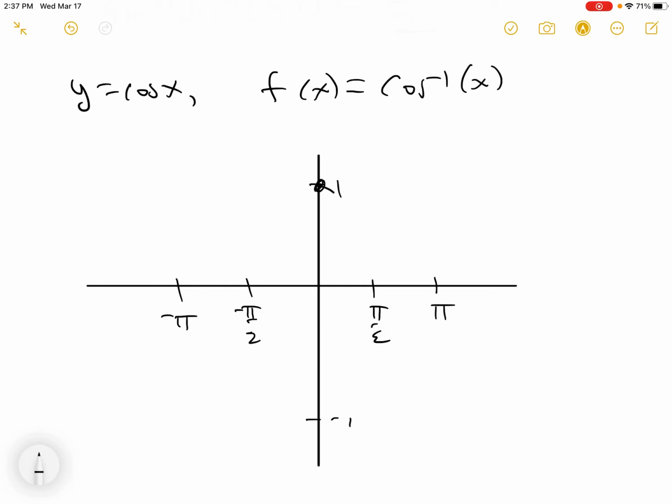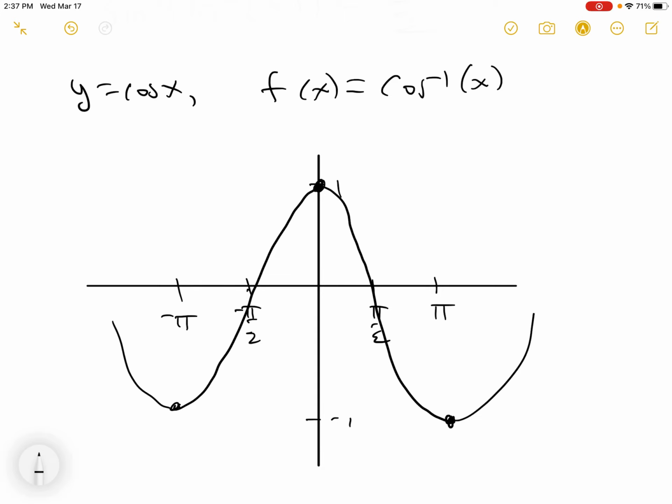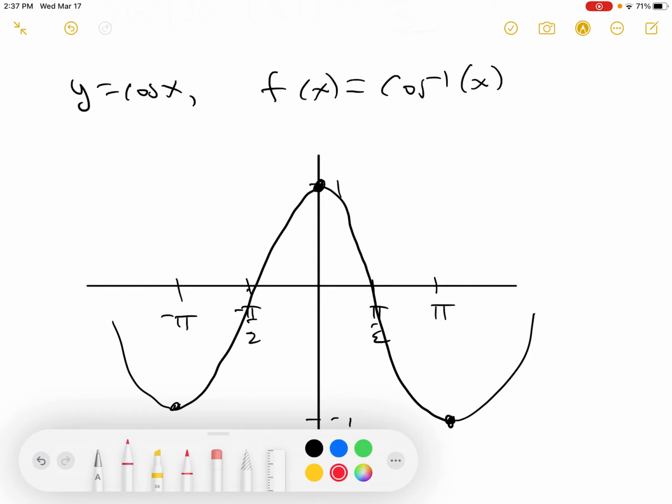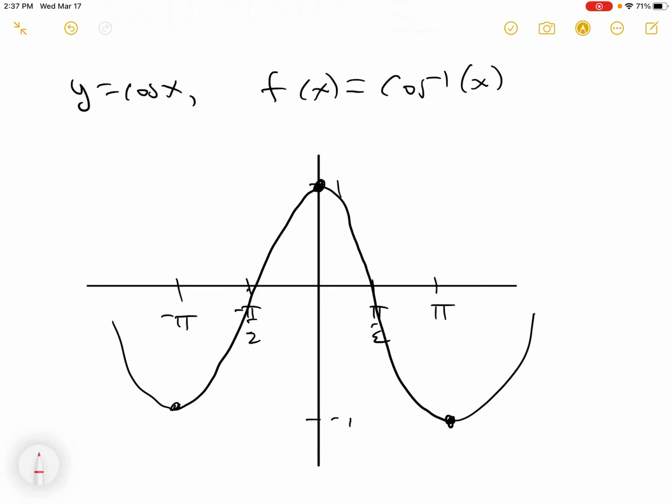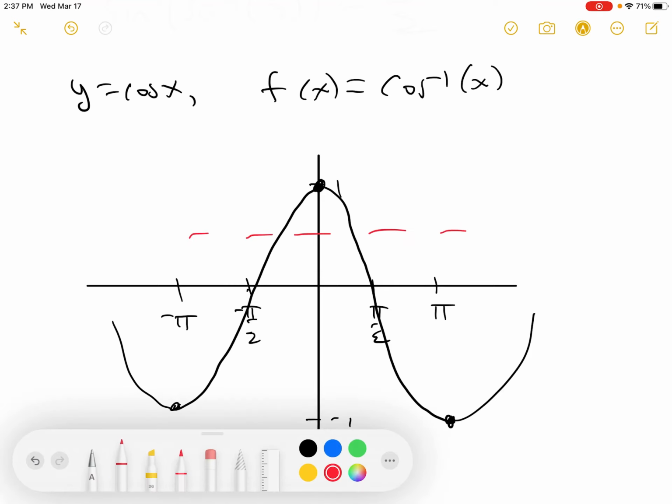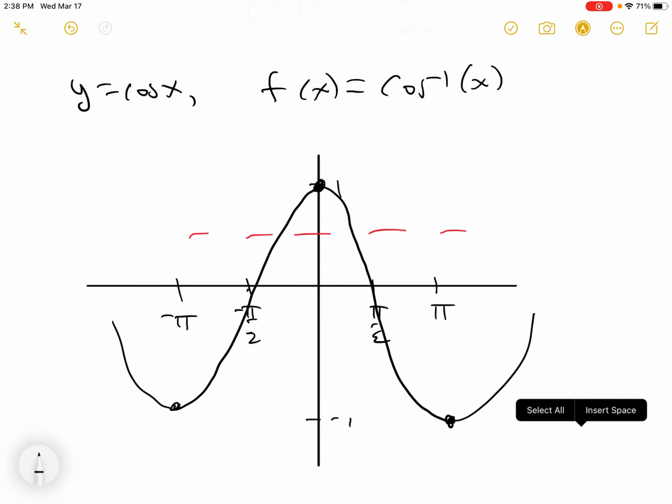So this guy goes like this. Again, this thing goes off forever, and it's not one-to-one because it doesn't pass the horizontal line test.